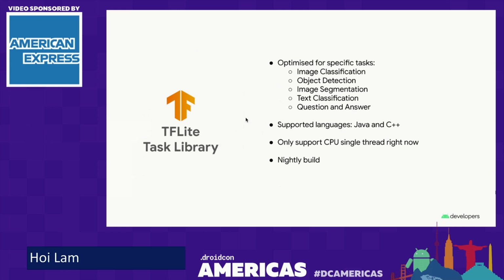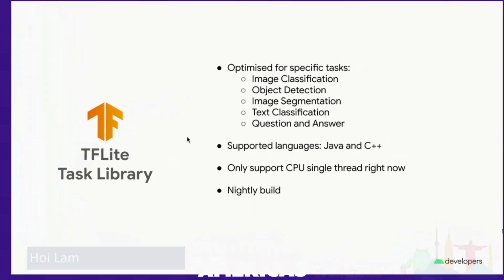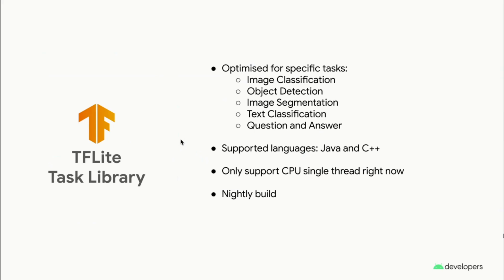One piece of feedback we've heard is, yes, thank you for the TF-Lite model, but for the Q&A scenario, it's still really hard to integrate because you need to pass all the strings into a bunch of byte arrays, feed them in, and run the model multiple times. I'm not quite sure how to do that, and if there is an error in the middle of it, then it doesn't work.